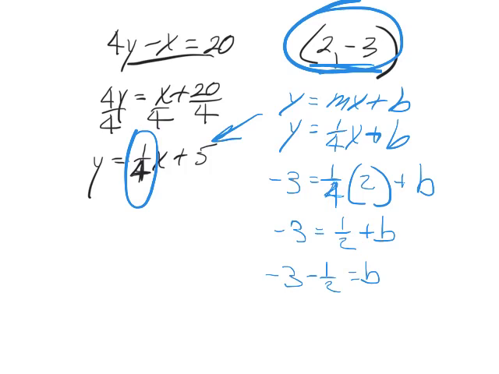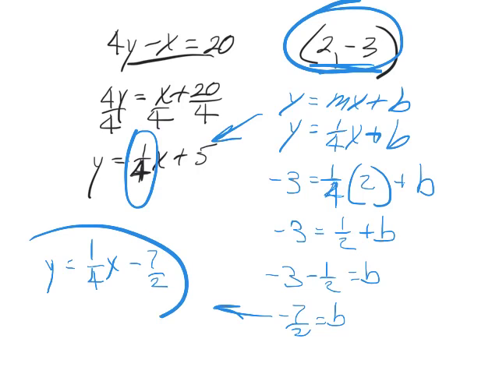So I get negative 3.5 or negative 7/2 for my b, which gives me an equation of y equals 1/4 x minus 7/2. That is an equation that is parallel to this one because the slopes are the same, but the y-intercepts are different, and that's what has to be the case when you have two parallel lines.